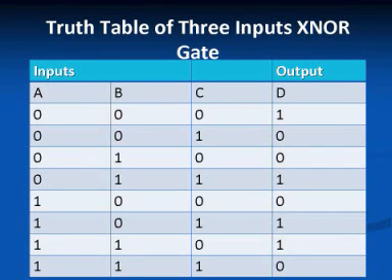And for 1, 1, 1 inputs, D is 0. If we compare this truth table with that of an XOR gate, we find that since the output D of the XNOR gate is the complement of the output D of an XOR gate, D is 1 when the number of ones is even in the input bits. In other words, the output of the XNOR gate is 1 for even parity of the input bits.